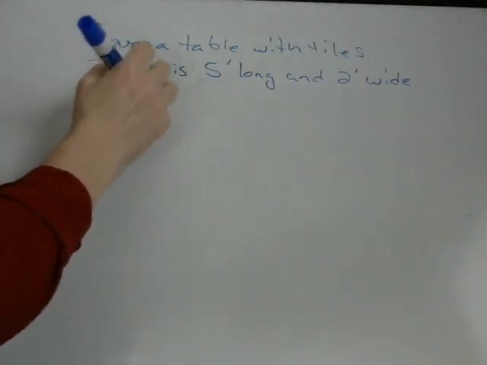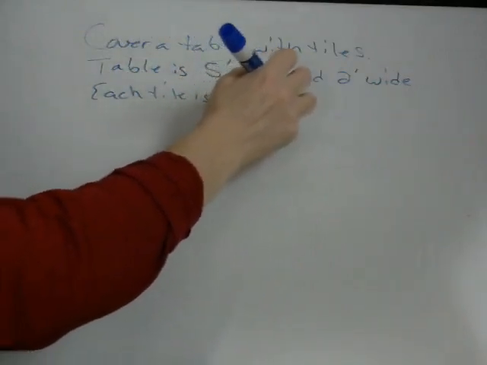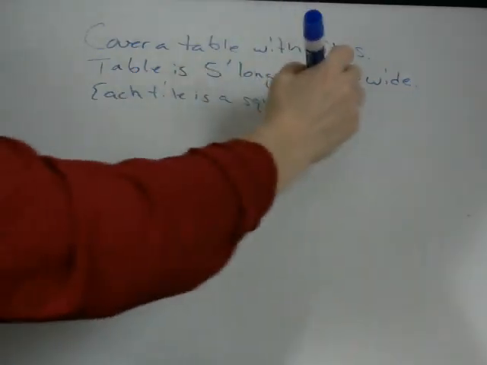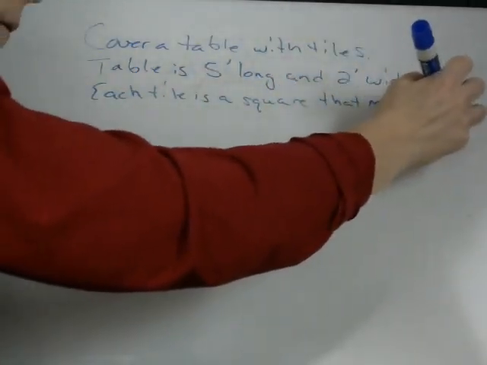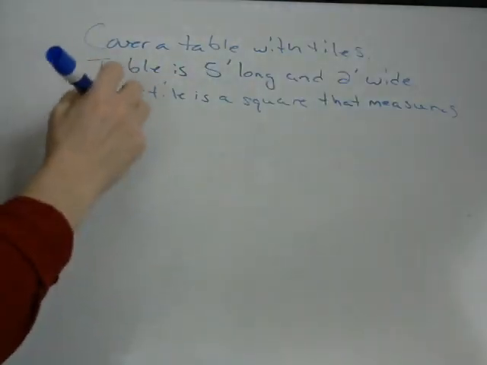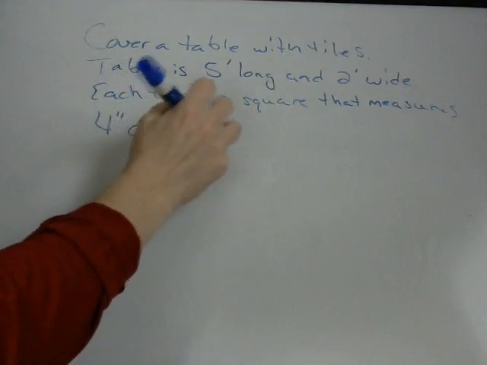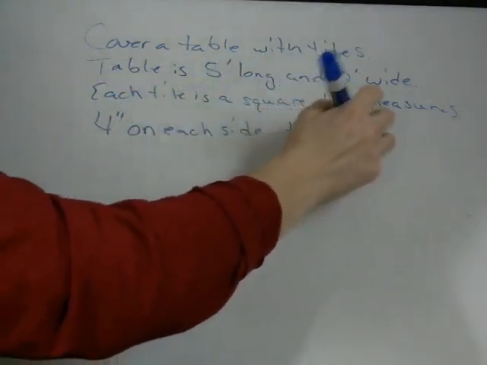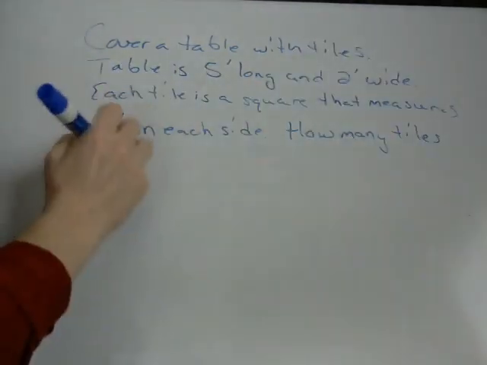Each tile is a square that measures 4 inches on each side. How many tiles do you need?